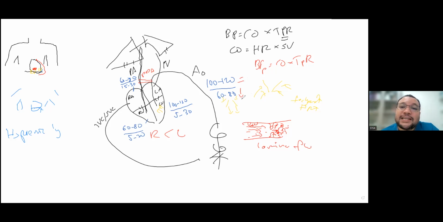So when diastolic BP reduces, what happens to your pulse? This is your vessel, for example. Your pulse goes diastolic, systolic, diastolic, systolic, diastolic.